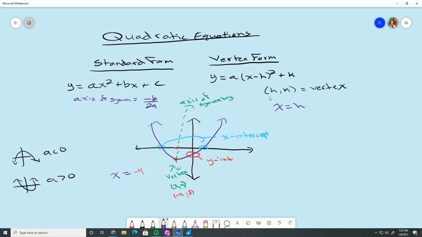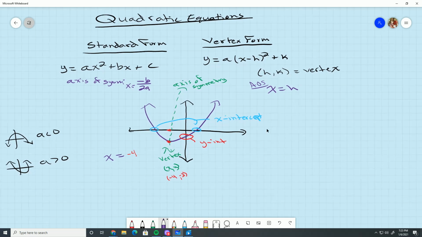That would be the AOS, the axis of symmetry. And here, I put the equal sign here. I don't want to confuse anybody, though. Technically, the axis of symmetry is going to be x equals that. But again, since the axis of symmetry has to run through the vertex, if you find it, that x value is the x value of the vertex.